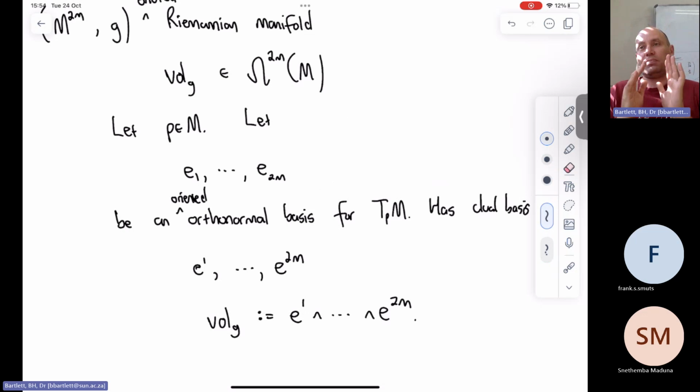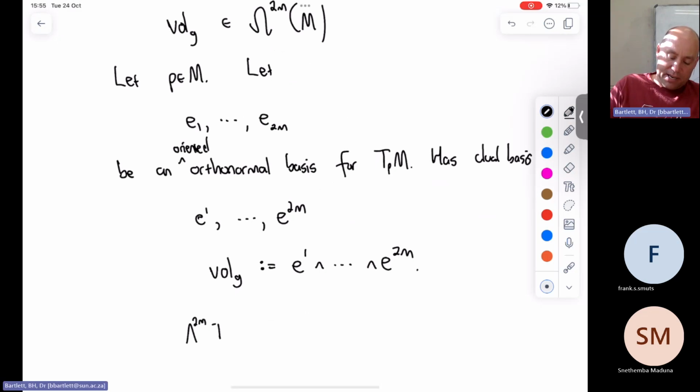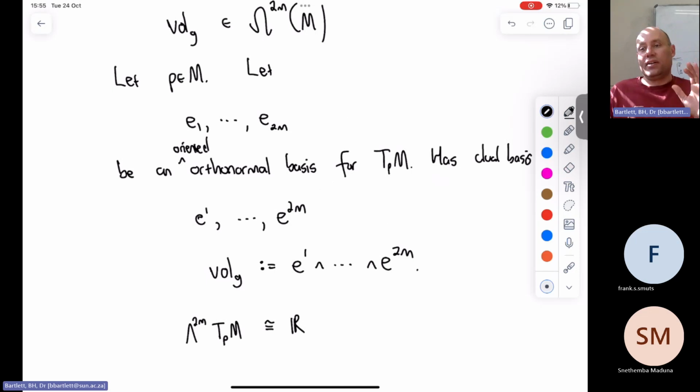But oriented just means that, up to scale, the top exterior power, let's just write that down, top exterior power of the tangent space at each point, we know it's canonically, well, not canonically, but it is isomorphic to R. And to have an orientation on the manifold is to choose one of the connected components of it.